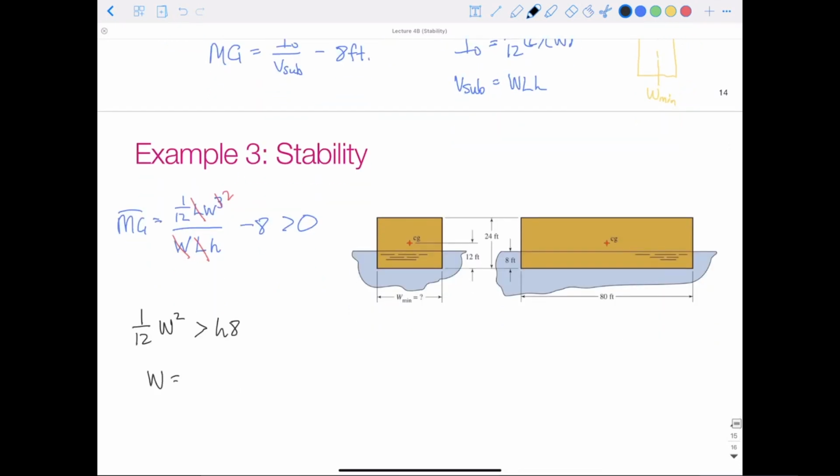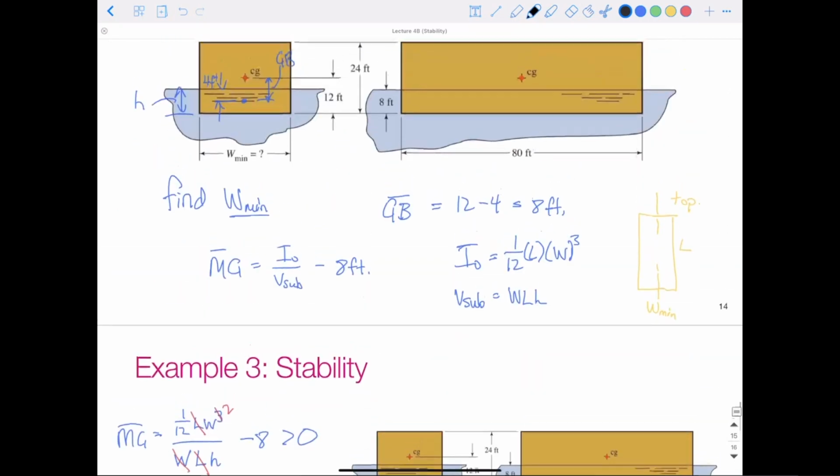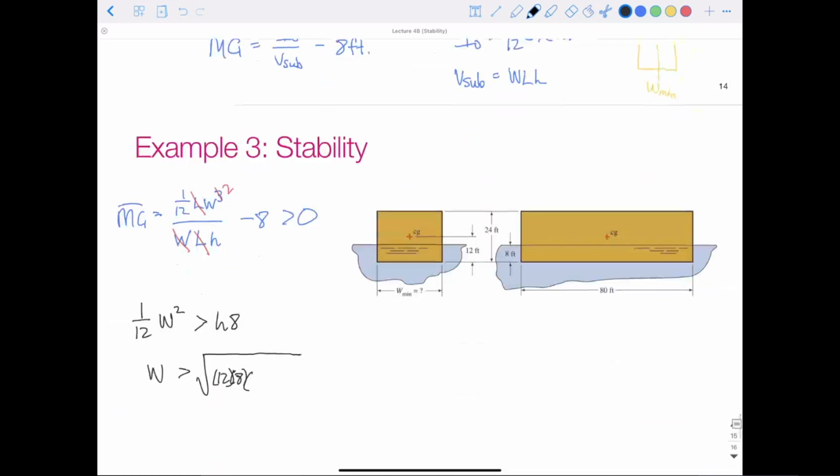Or we can say W must be greater than the square root of 12 times 8. We said H was our depth, and that depth is 8 feet.